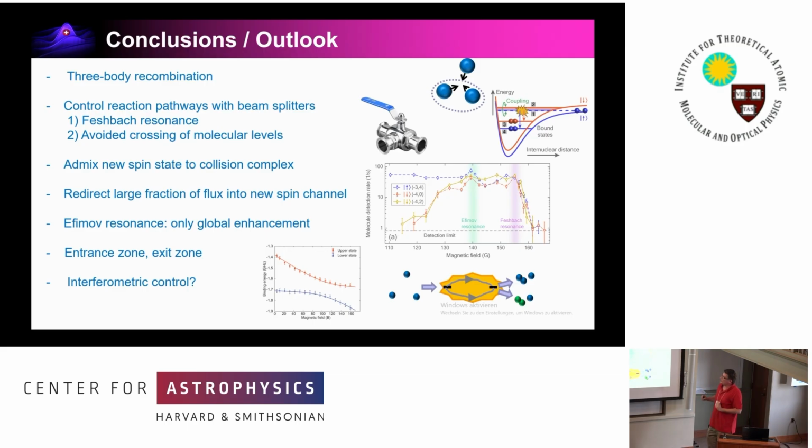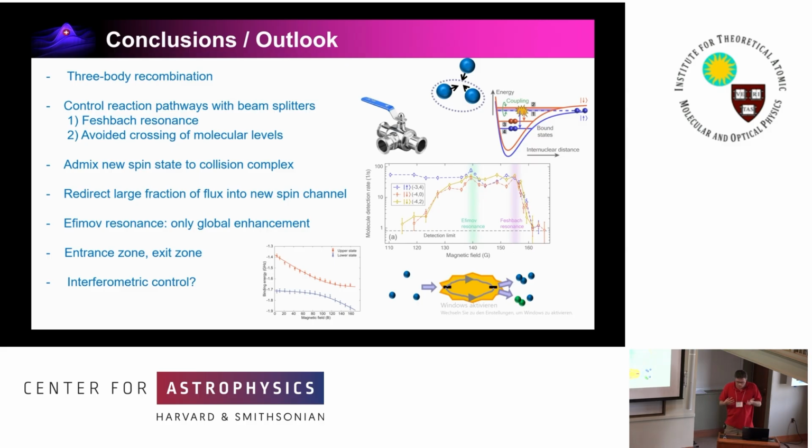Now, with this, I want to conclude. So I talked about three-body recombination. Three rubidium atoms come together, and we have gained some control in the reaction. We can divert what kind of molecule they end up in. And for this, we had two different schemes for beam splitters, the Feshbach resonance and the avoided crossing of molecular levels.